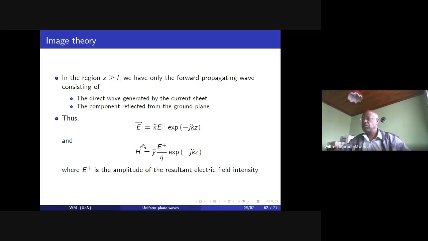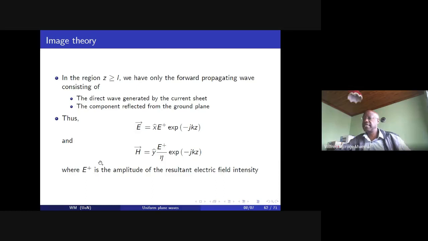That is, it's going to be given by z cap cross E divided by eta, where you recall eta was called the intrinsic wave impedance of the medium through which the wave is propagated. And therefore E plus is just a resultant electric field intensity amplitude. It may have other contributions, but this is what it's going to be.